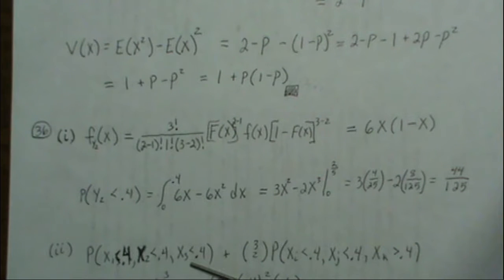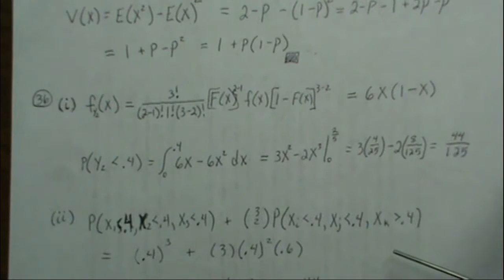Well, we have 3 values and we want to choose 2 of them, so there's 3 choose 2, and then each of those events are the same, so it's a multiplier of the probability of one of those events. So one of them is less than 0.4, another one is less than 0.4, and another one is greater than 0.4.